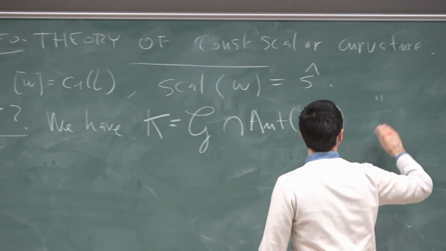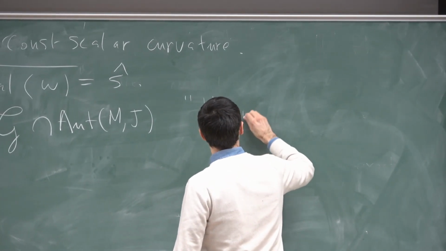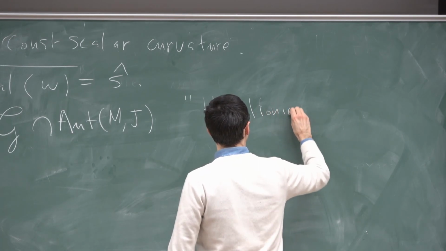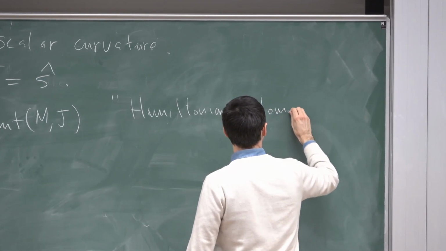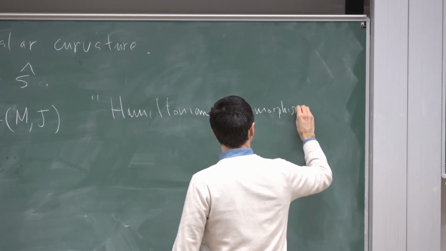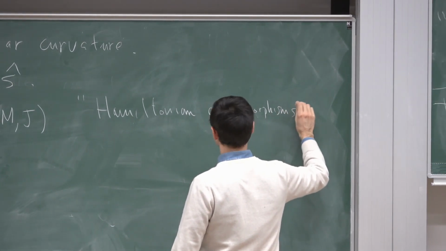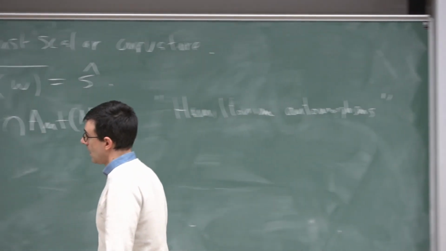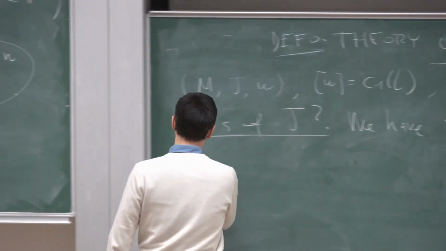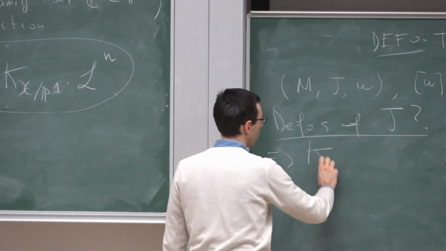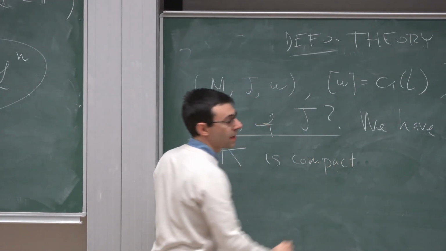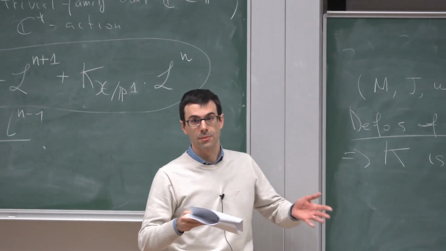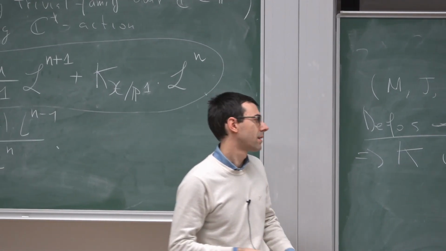These are called Hamiltonian automorphisms. And it's actually possible to show that this K is a compact group because it's an isometry group of some Riemannian metric. So by some general result, it's compact.